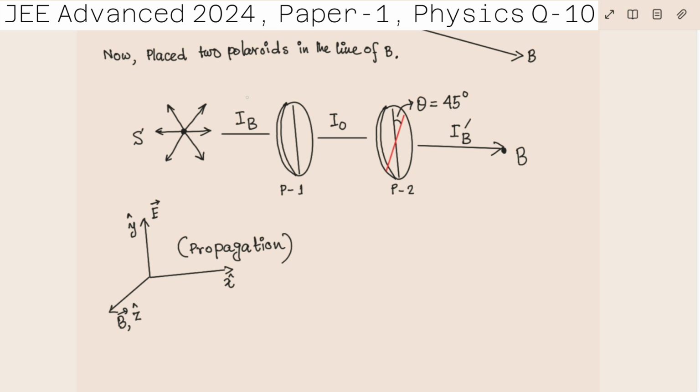Initially IB is an unpolarized light. When it passes through the first polarizer, the polarized light has intensity I0, which is IB over 2. This factor of 2 comes from the fact that the electric field for unpolarized light can oscillate in any direction. When it passes through this polarizer, the component along this axis gives an intensity proportional to cos square theta, where theta could be any angle from 0 to 2 pi.